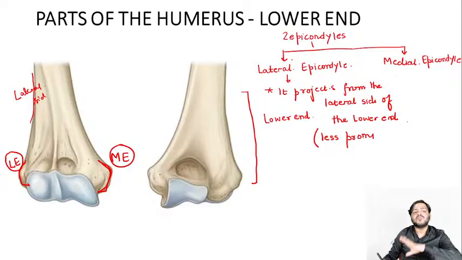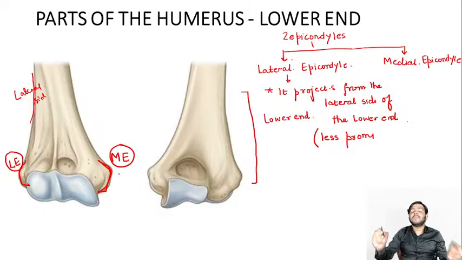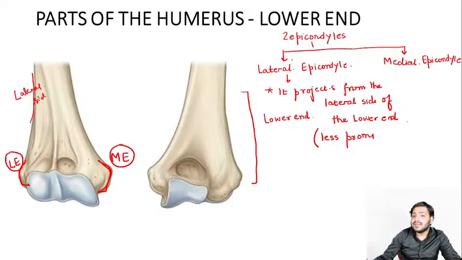Medial epicondyle is more prominent, it sticks out. The medial epicondyle is subcutaneous, you can even touch it, but when we are comparing it with the lateral epicondyle, it is not as prominent. So I will write this point that it is less prominent than the medial epicondyle.